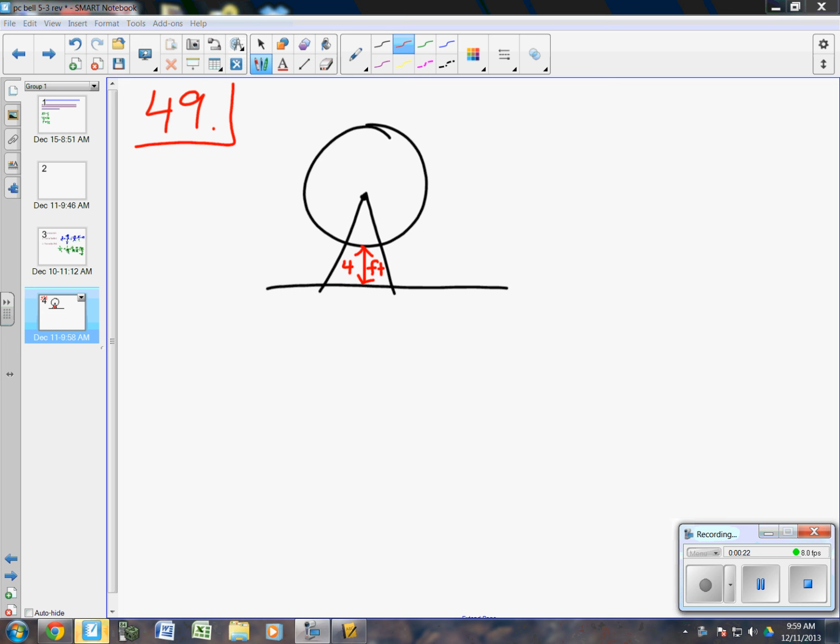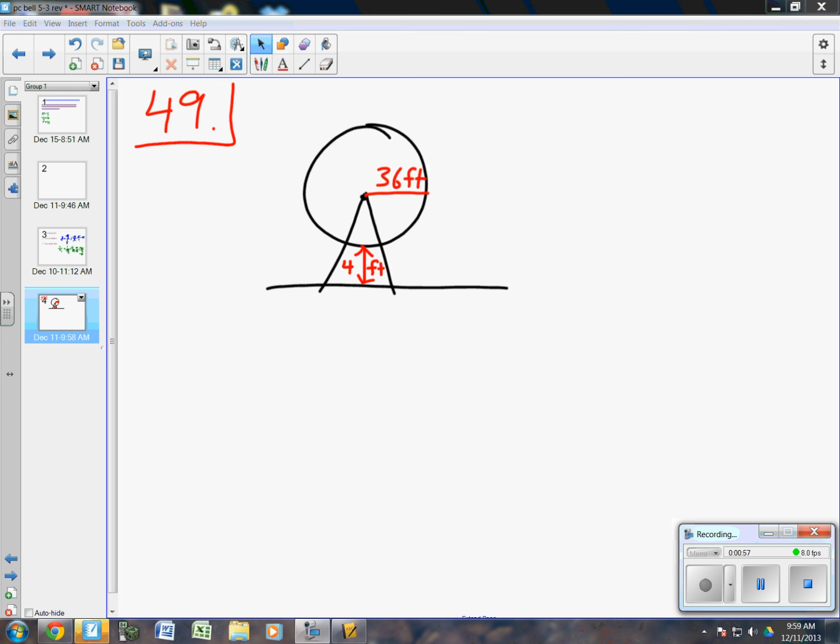Okay, now, it says that if the radius of the Ferris wheel is 36 feet, so this distance here is 36 feet, right? How far above the ground will Domingo be when his seat reaches the top? That's just an addition problem, isn't it? That's right.